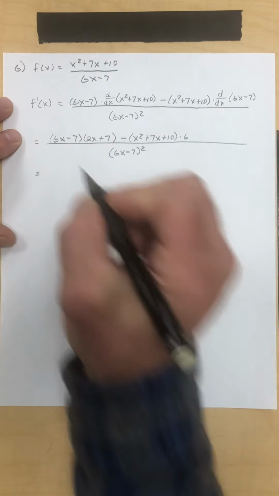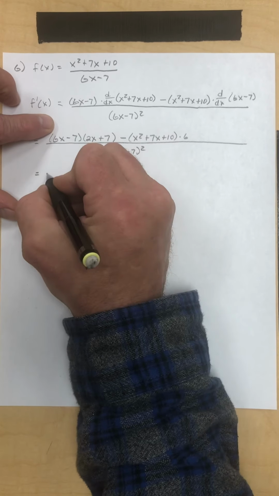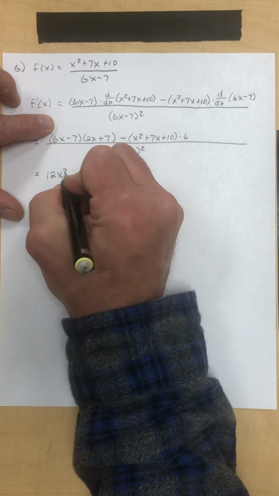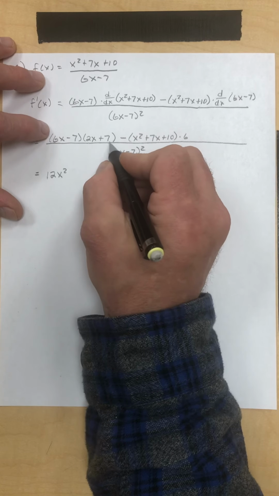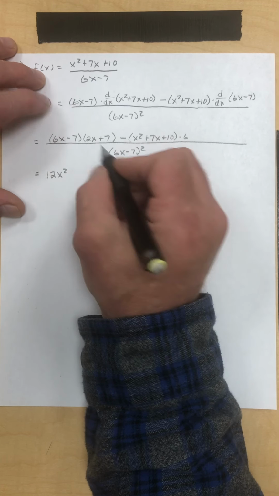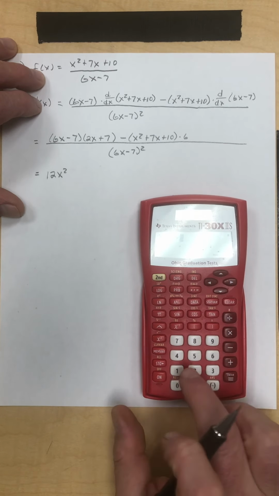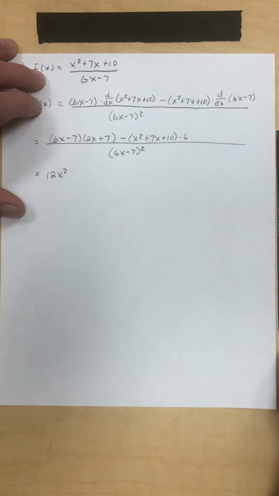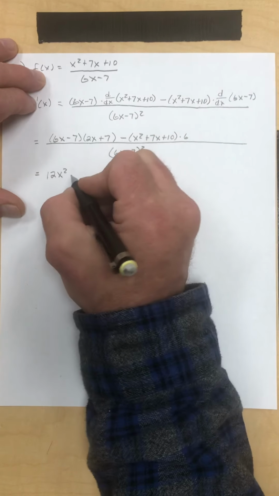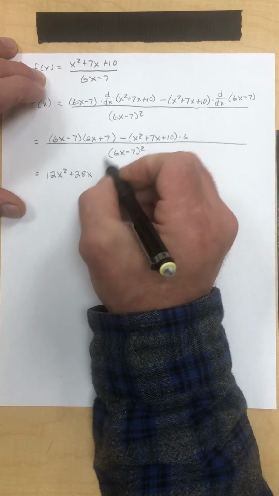Okay, so let's see what happens here. Okay, I got to use the FOIL method here. So we're going to get 12x squared. Okay, let's see. That would give me 42 minus 14, pretty sure it's 28. 42 minus 14, right, so that's 28x. Okay, minus 49.